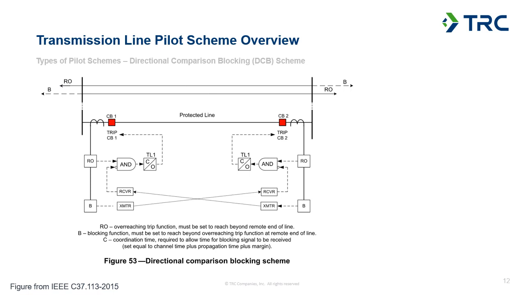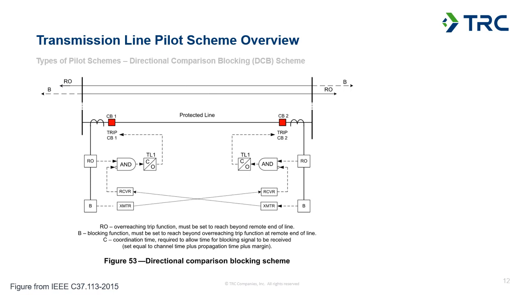When we set this scheme, you can see that the dashed line for the blocking element, shown by the letter B, is longer than the overreach of the overreaching element from the remote terminal. And that's done intentionally. You want that blocking element to be set more sensitive than your remote overreaching element, so that you can be sure you're going to apply a block for any scenario where the relay is seeing a fault in the reverse direction.